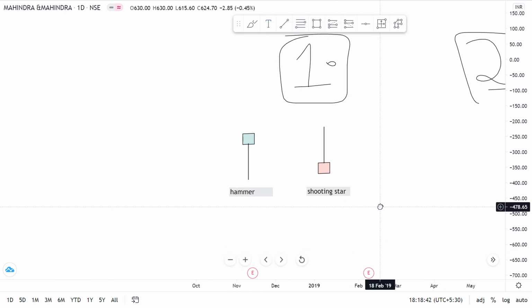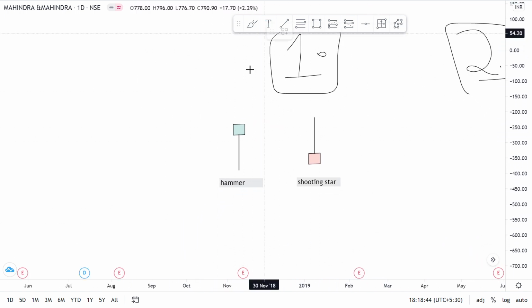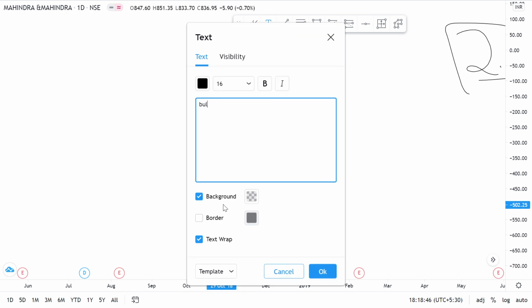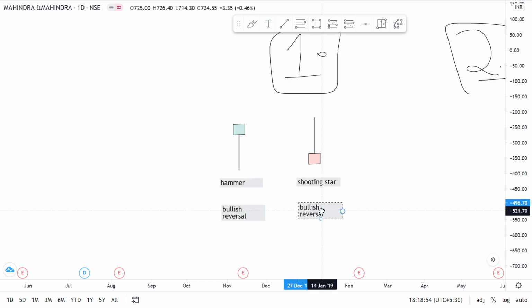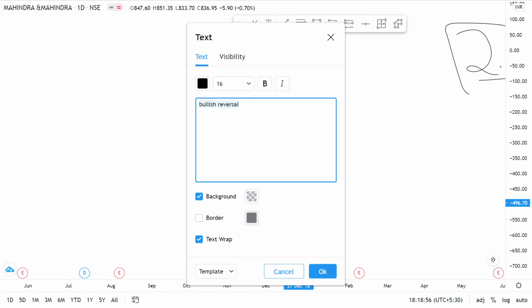So what do these mean? A hammer is a bullish reversal pattern, and a shooting star is a bearish reversal pattern.